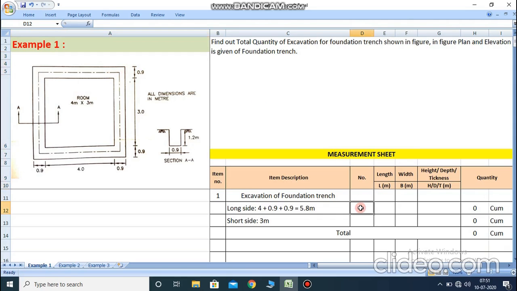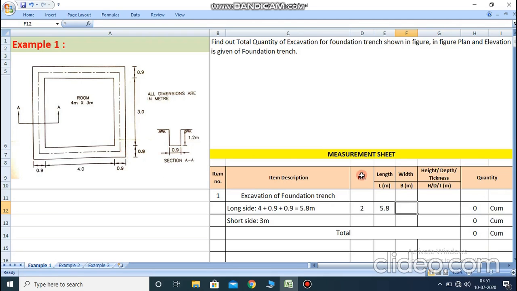So here we write the number of walls as 2. The length we already calculated is 5.8. Now the width we exactly see from the section part, or also in the plan part.